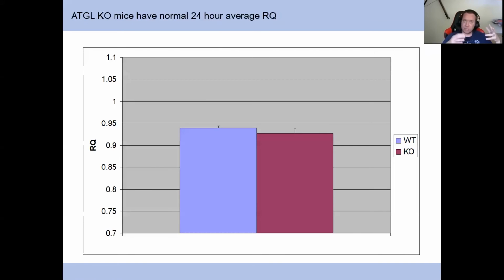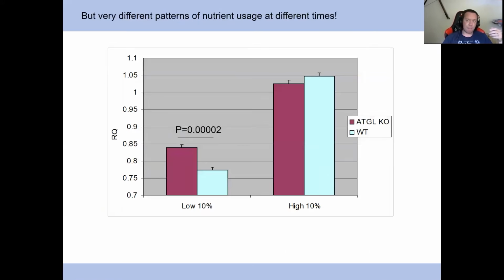Okay? We already showed that their average RQ over the 24-hour period was the same, but what about their metabolic flexibility? Well, if we pass into low and high RQs, the lower RQs of these mice, the low 10%, are massively higher. The ATGL knockouts, I'm sorry, are on the left in red, the wild types are on the right.